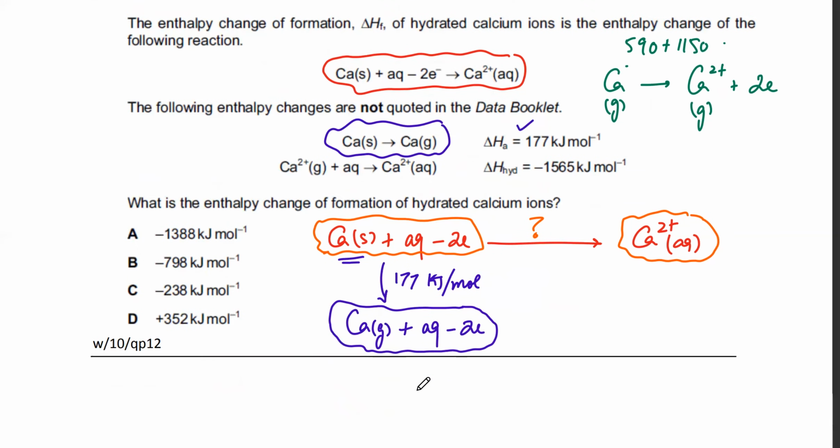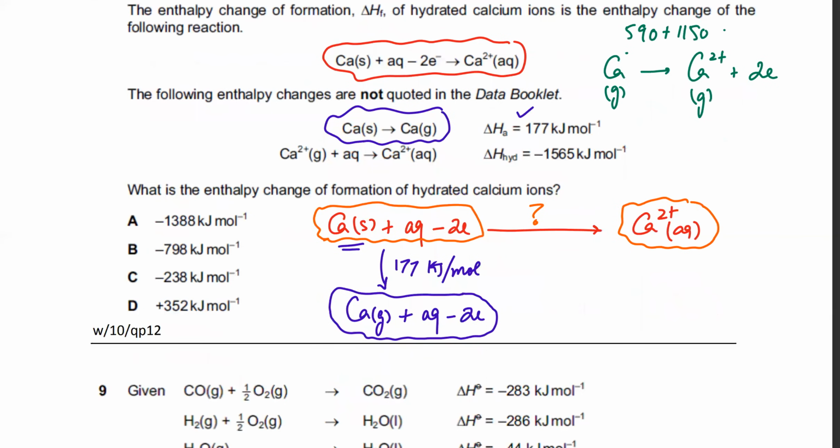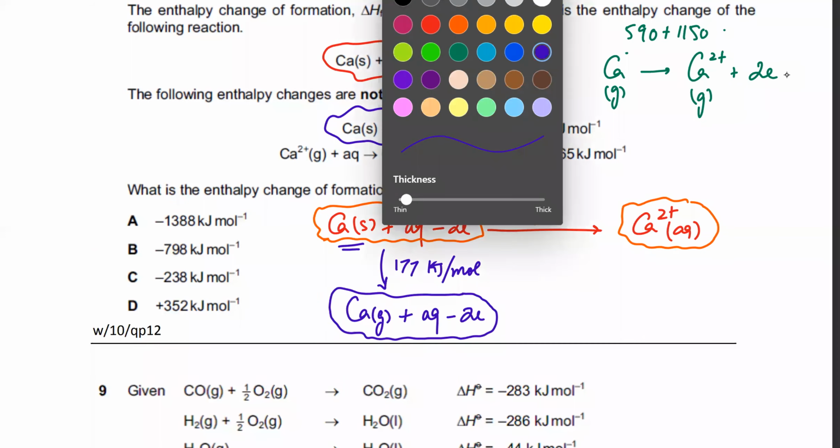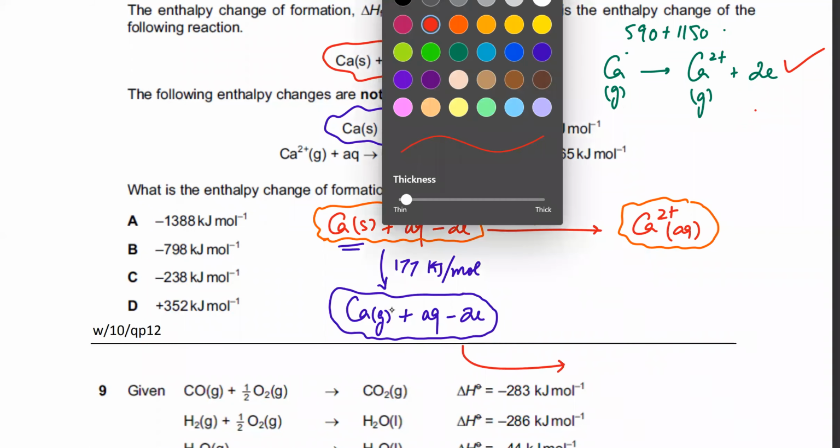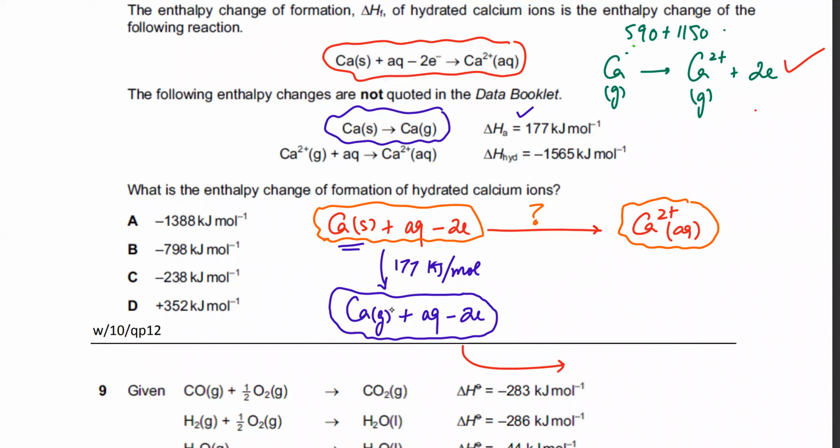We're done with that. Then we have this equation, that calcium gas can be turned into calcium 2 plus ions. So I am going to connect this equation now. If I have gaseous calcium, which I do have over here, I can turn that gaseous calcium into calcium 2 plus and 2 electrons. Again, I'm just focusing on calcium.